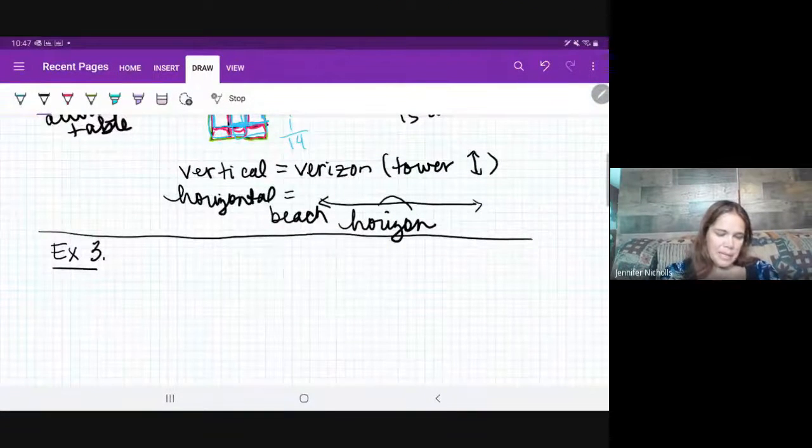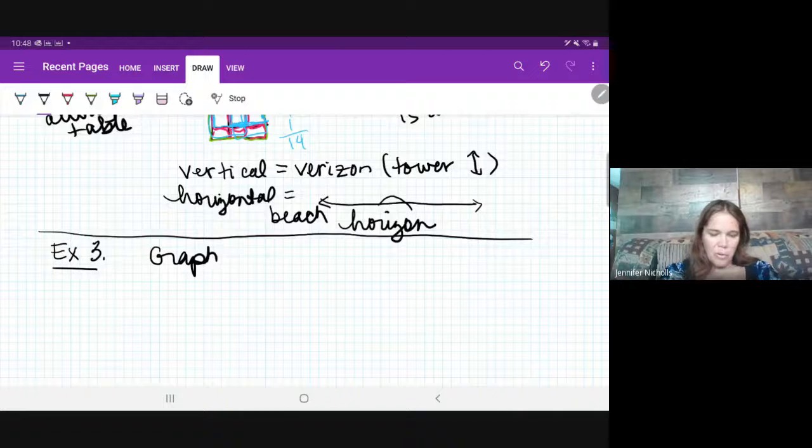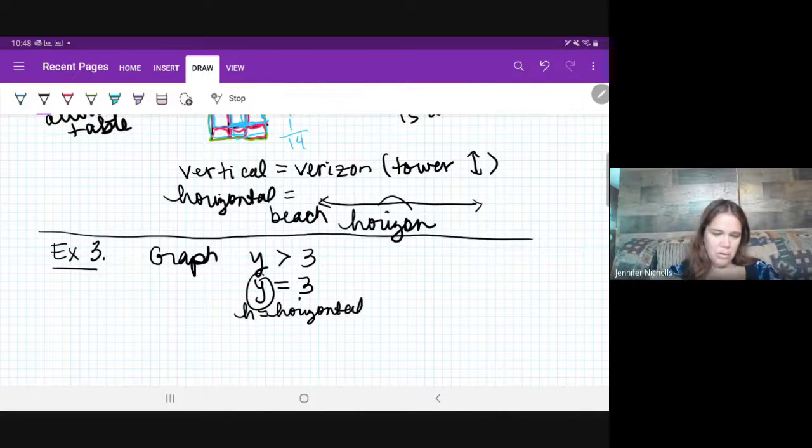So example 3, it says graph y is greater than 3. So step 1, you write it as an equal sign. You look at this and you say, oh, that's an H, horizontal. Is it dashed or solid?